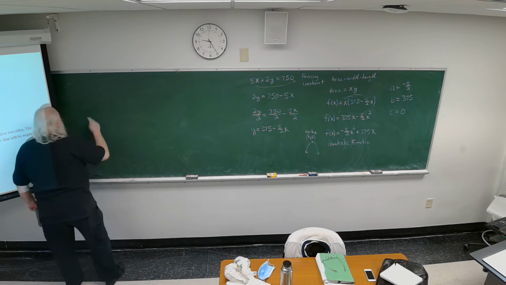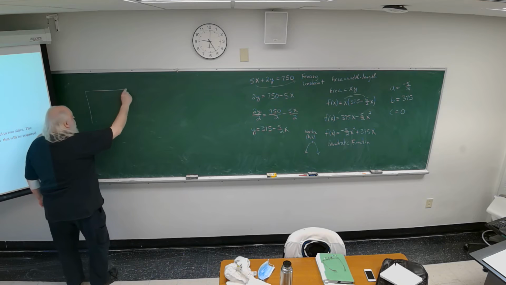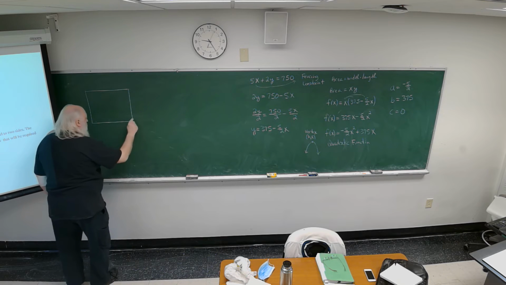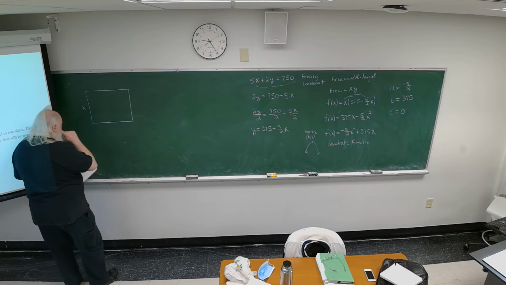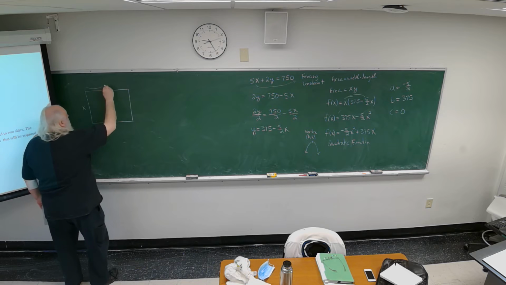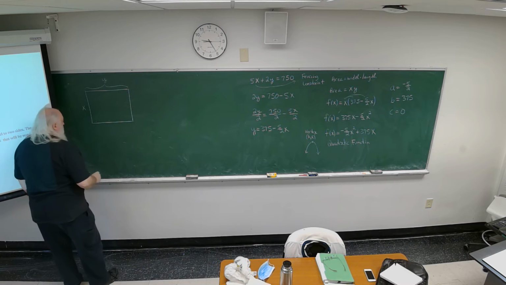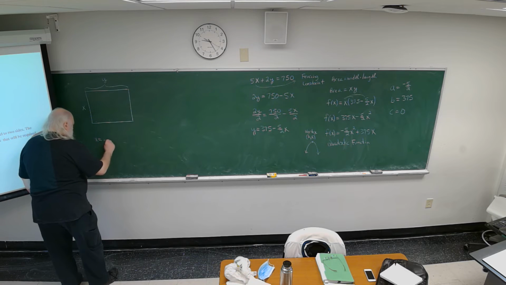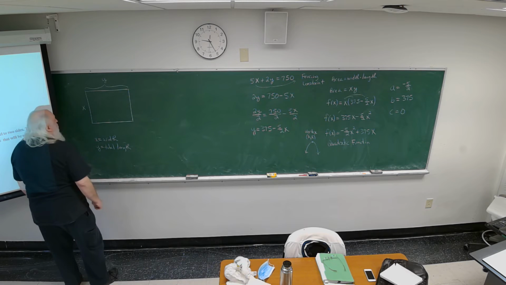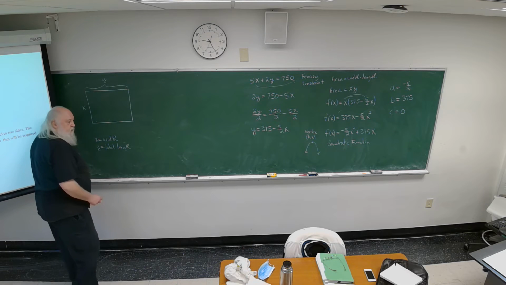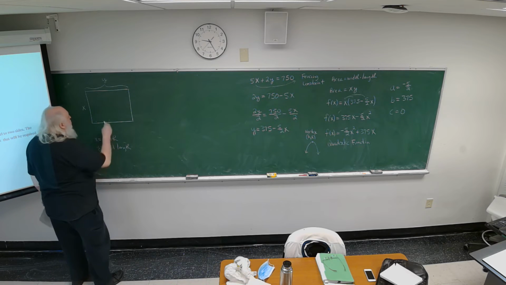So again, we're going to draw a good picture. And again, I let x be the width of the rectangle and y the total length. But we're going to divide this rectangle into 3 equal size pens.